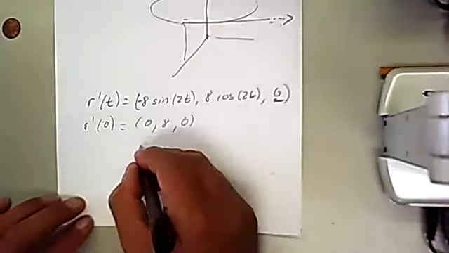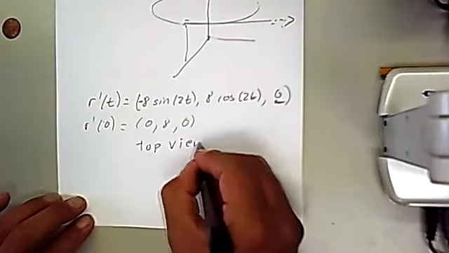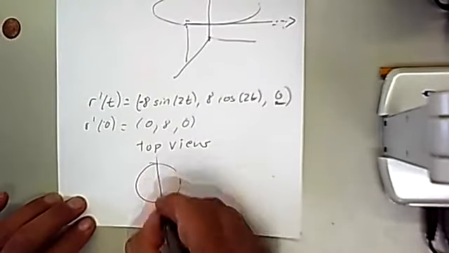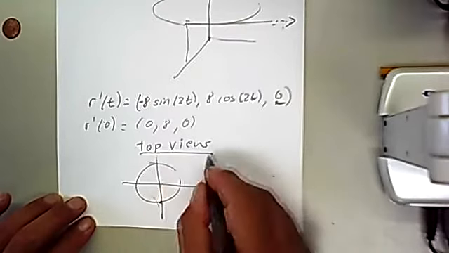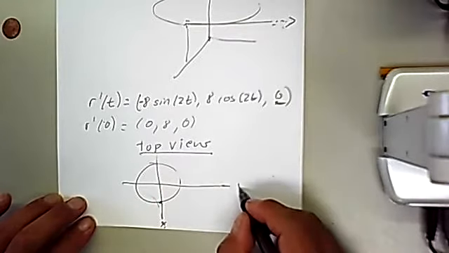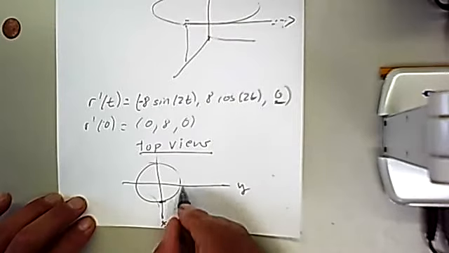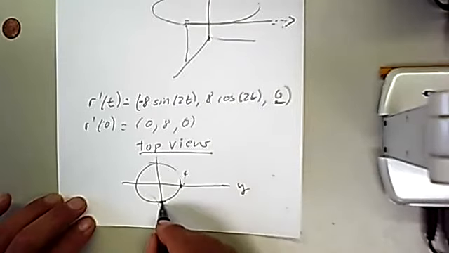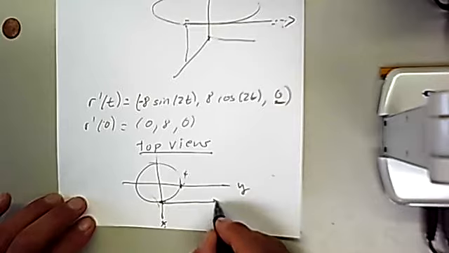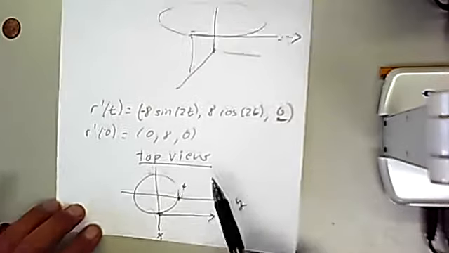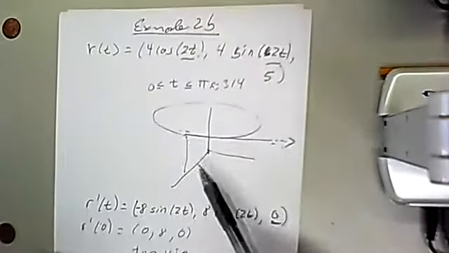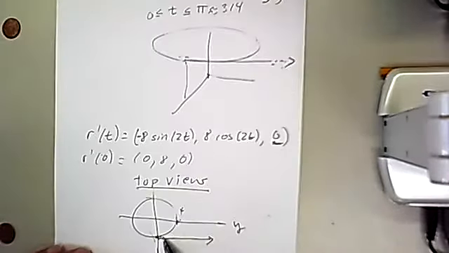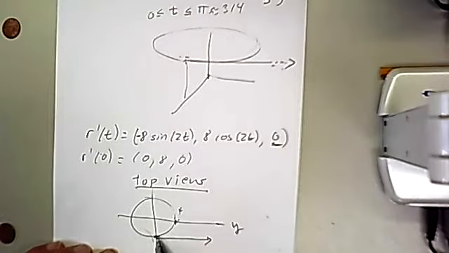So from the top, we have a circle again, and when we find the tangent, this is a top view, this is the positive x-axis, positive y-axis, this is 4 units, so the tangent vector is going to be twice as long, because assuming this describes a particle that moves along this path, this particle will be moving twice as fast, and consequently the tangent vector would be twice as long.